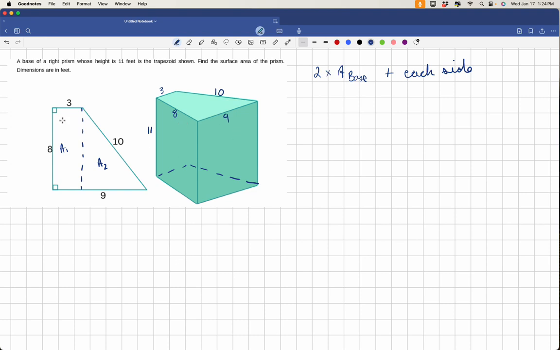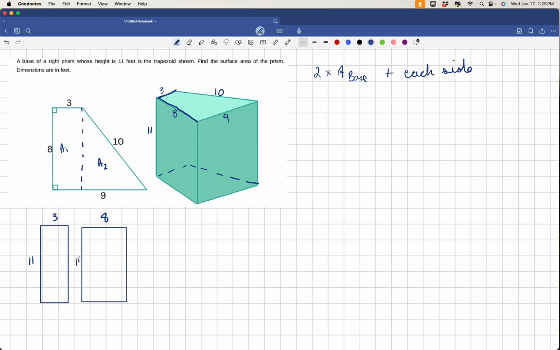So for instance, you've got this shape here at the end. You've got the skinny rectangle that goes down and it is 3 and then 11 tall, right? So that would be this side right here. Then you have this side right here, which would be a little bit bigger as a rectangle, and it would be 8 times 11.